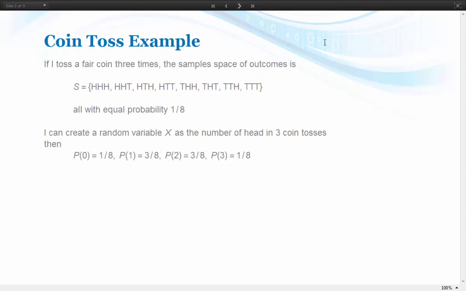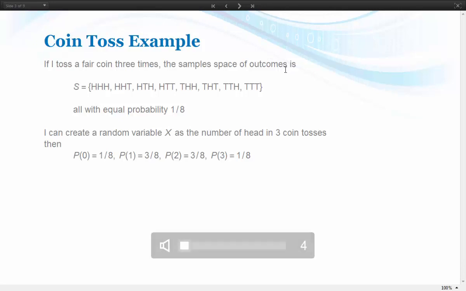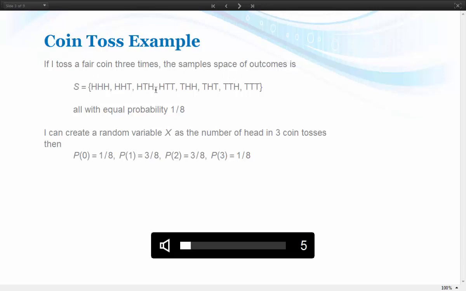A better example that's more consistent with what we've been learning: suppose I toss a fair coin 3 times. Then the sample space of outcomes is not numeric, it's these possible outcomes: heads, heads, heads; heads, heads, tails; heads, tails, heads; etc. There's 8 possible different outcomes that make up my sample space, and they all have equal probability 1/8.